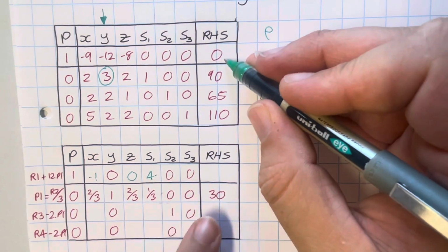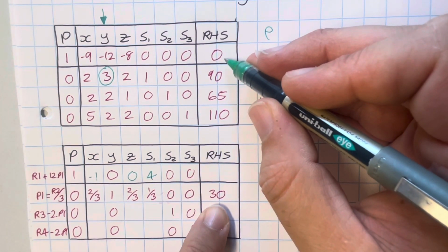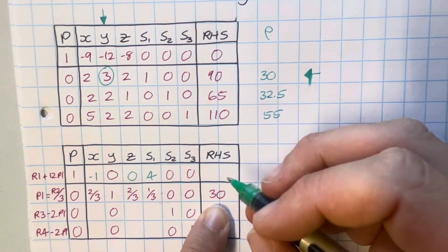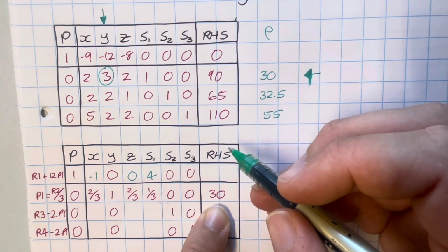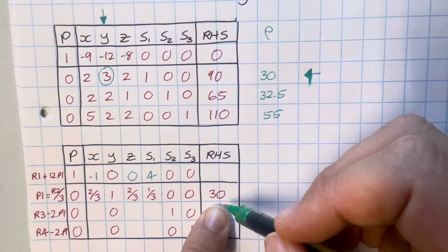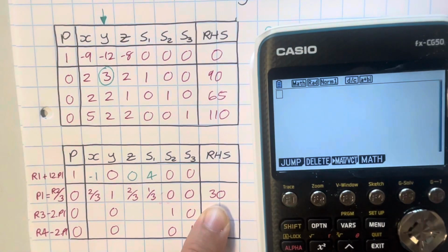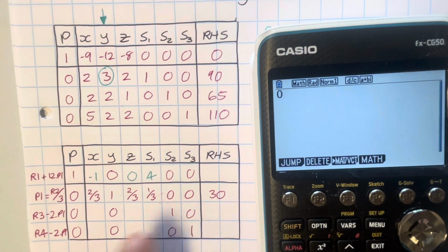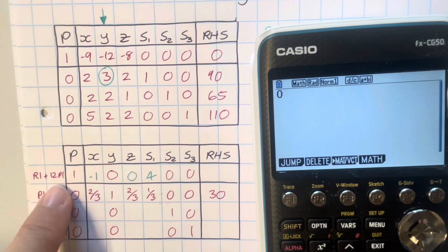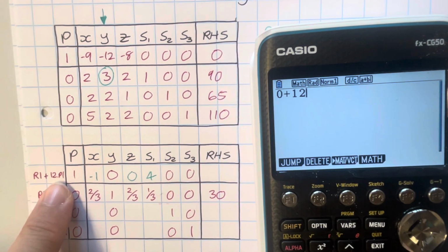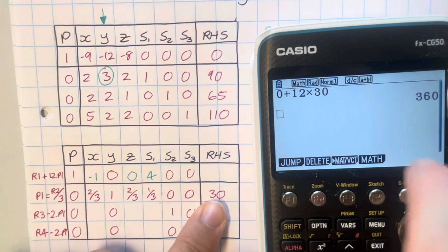And then we've got 0 plus 12 times 10. Nope, sorry, that's going to be 0. But let's just use a calculator. It's so easy to make a mistake with this. So this is going to be 0, which is the previous R1 entry, plus 12 times the pivot row entry, which is 30. Here we go, 360.